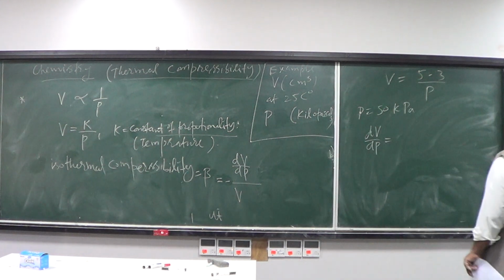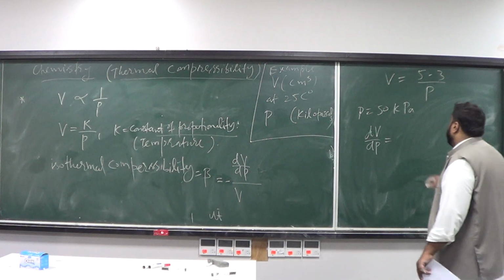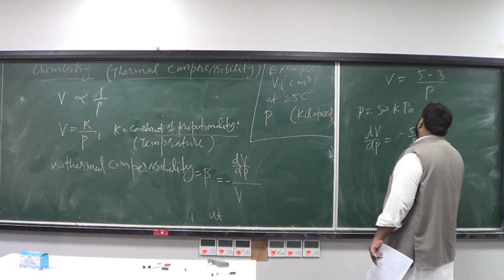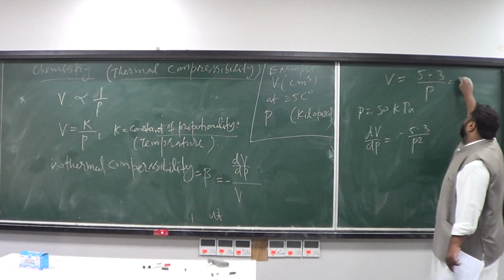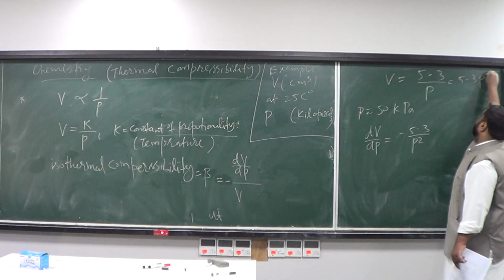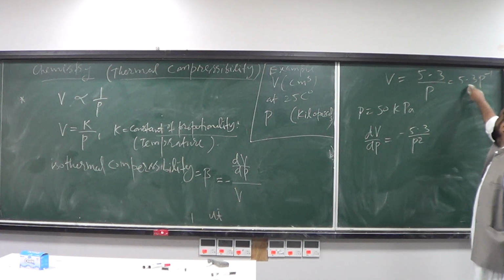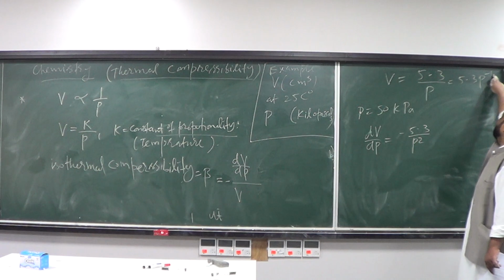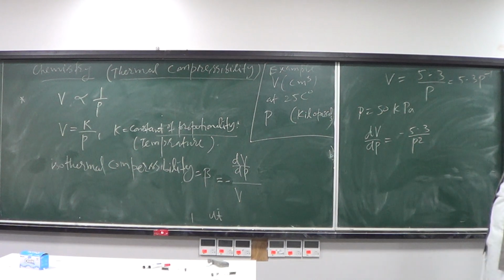So dV by dP, if V is this, is going to be minus 5.3 upon P square. In other words, you can write this as 5.3 P raised to minus 1, and then differentiating, minus 1 times 5.3 P raised to minus 2, so it's minus 5.3 over P square.